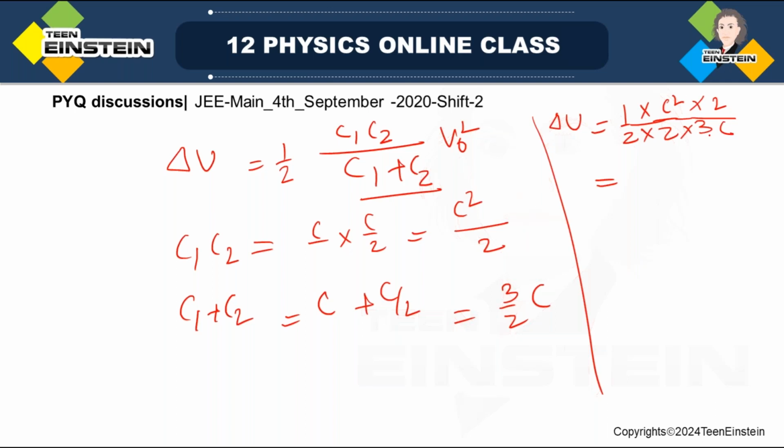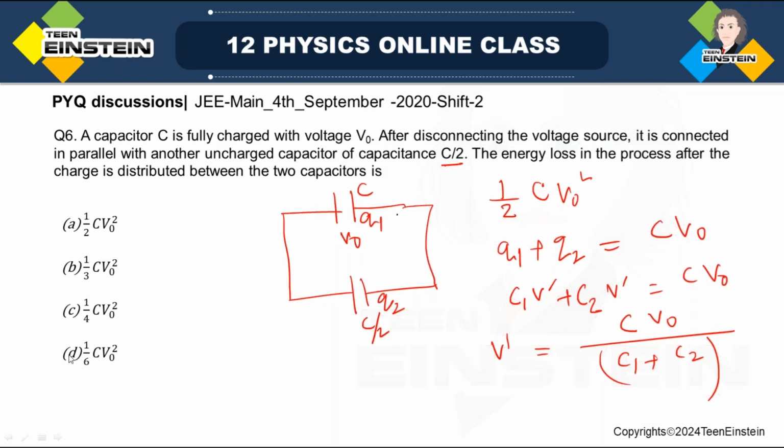There will be C here, this C will cancel one C here, and this will be V naught square. So what you get, let us see this. It will be actually 1 over 6 CV0 square. Okay, I think this is the answer for this question. Yeah, so the last option will be the correct answer for this question.